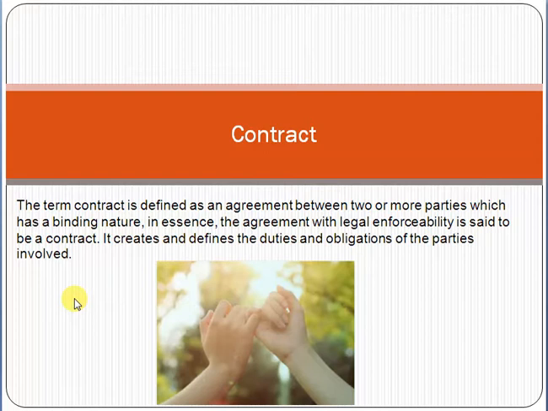One person comes to you and discusses the rent of the house and other nitty-gritties, and after discussion he decides to take the house on ABC rent and accepts that he will reside there as a tenant paying rent. Now you are the owner of the house, so both parties have to sign an agreement.